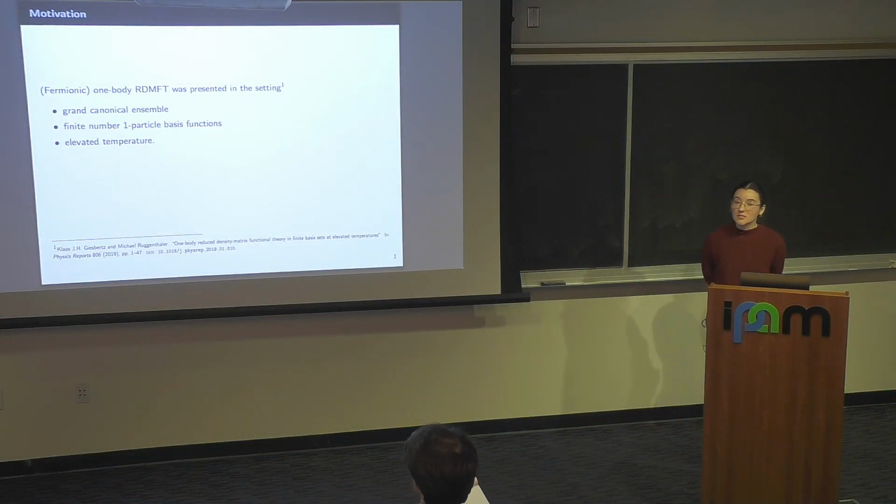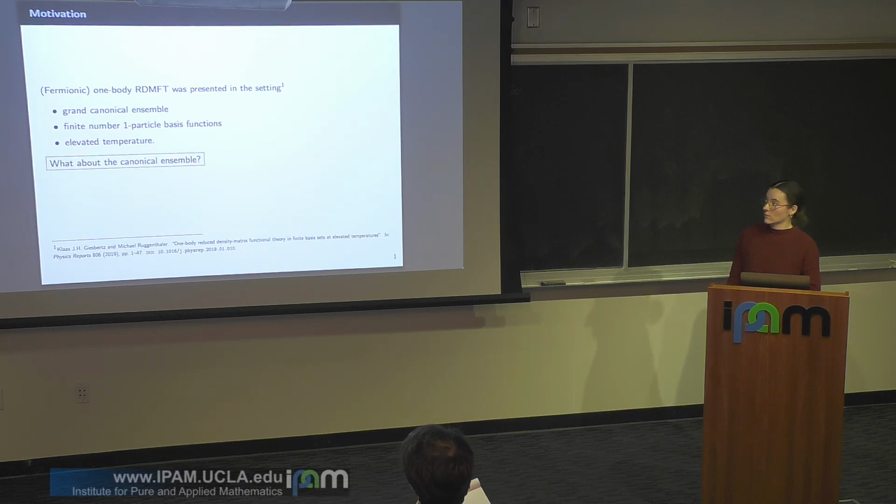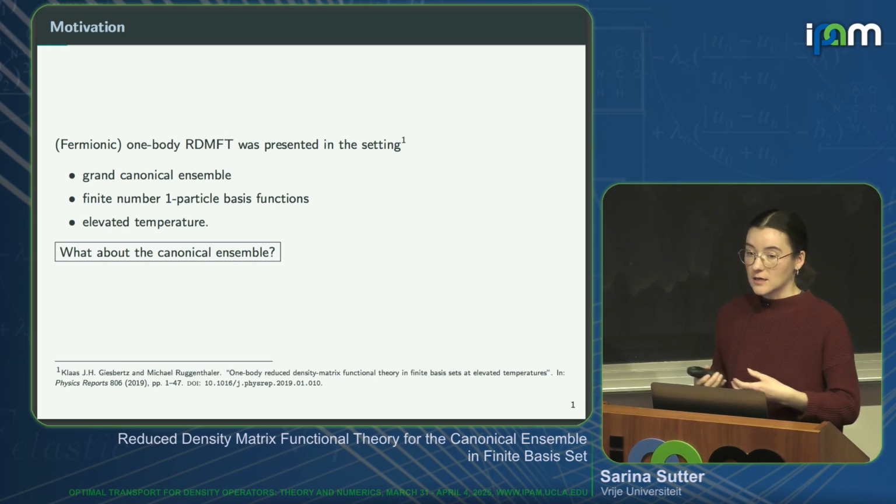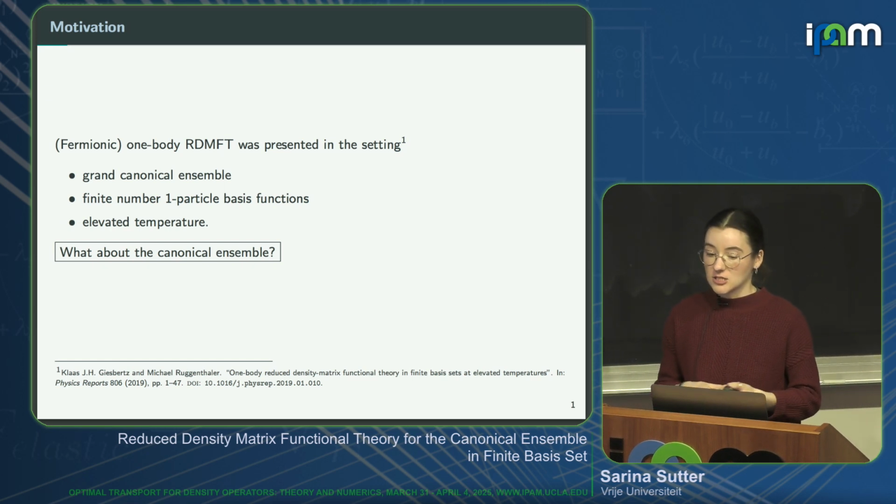Now the question is, what happens for the canonical ensemble? If we have a fixed number of particles in statistical mechanics, we can go from the canonical ensemble to the grand canonical ensemble by the Legendre transform.